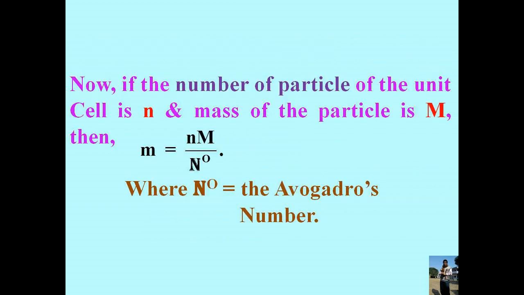Now the number of particles in the unit cell is small n and the mass of a particle is capital M. Then small m equals small n into capital M by N0, where N0 is Avogadro's number.